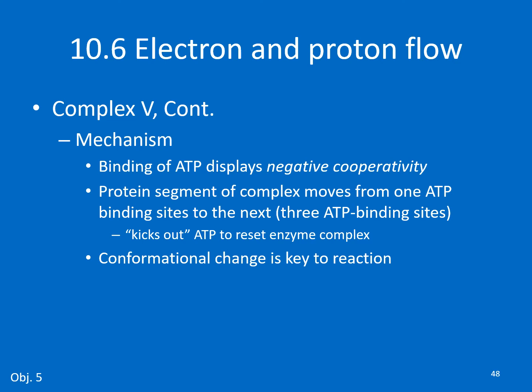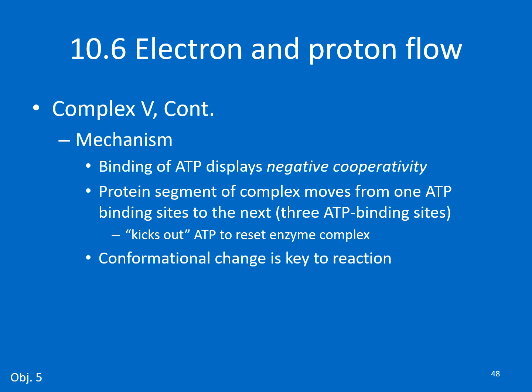So let's talk a little bit about the mechanism. Let's get a little bit down into the details. Binding of ATP displays negative cooperativity. So if you generate a molecule of ATP, it's going to inhibit any further ATP molecules from being made on complex 5. So the rotor part of complex 5 includes a protein segment.